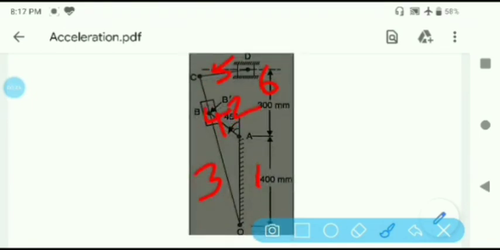If you consider each kinematic pair, if you consider the pair 1, 3, it is a turning pair. Similarly, if you consider pair 1, 2, it is also a turning pair. And if you consider link 3, 4, which is a sliding pair, and 2, 4, which is the same point, that is also a turning pair.